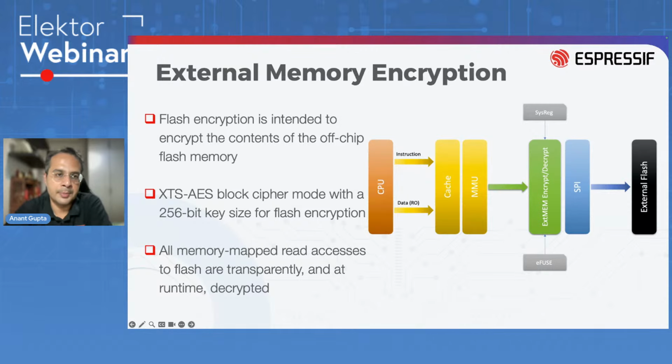All the read operations happen at runtime. So the CPU is agnostic of whether the memory is encrypted or decrypted, but it provides much better capability to protect the IP of the customers, or the IP of the application running on it.